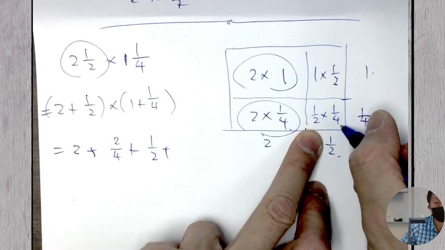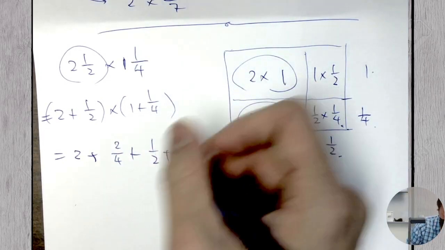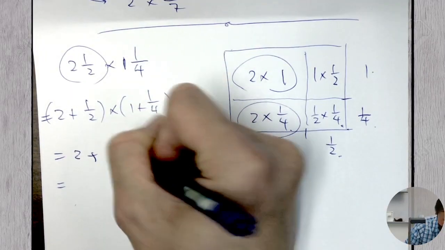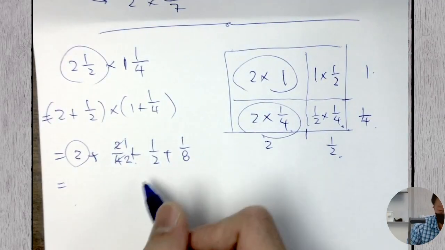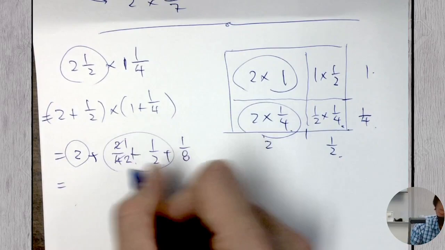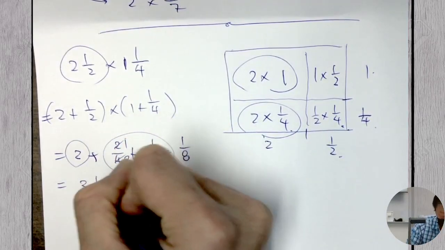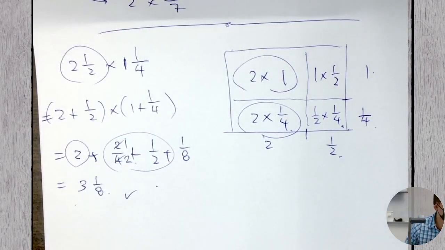This is going to be what? 1 over 8. And if you were to add all of this together, you would have your answer. Okay, so we notice that this is 1 over 2. So I have 2 of 1/2, so that's another 1. So that will be 3 1/8. That's how you solve it with a graph.